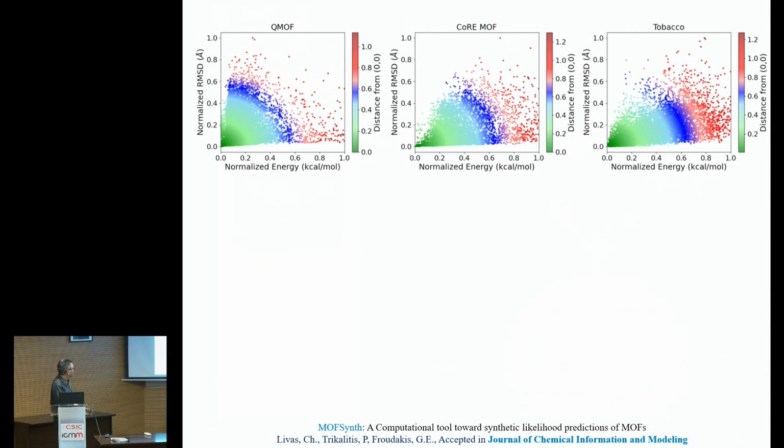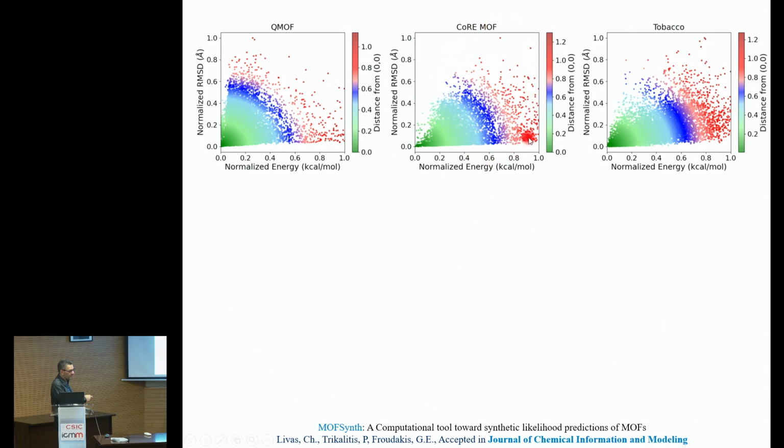So here you can see three different databases. The tobacco, that's a hypothetical MOF database. You can see the energy and the mean square displacement, where a lot of red means a lot of deformation.